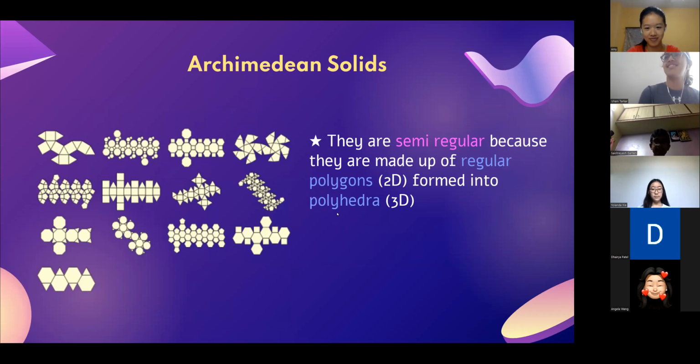Think of it like an origami thing: if you cut these shapes out and somehow fold and glue them together, you would get those polyhedra. So technically it's just 2D shapes that are folded into a 3D shape.